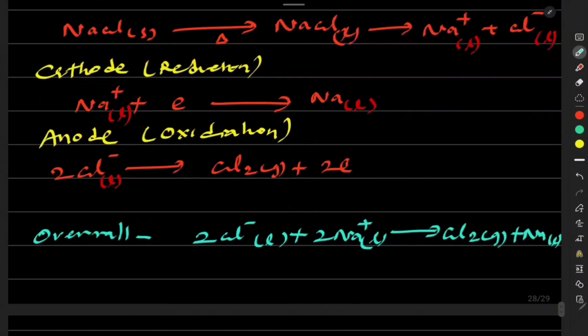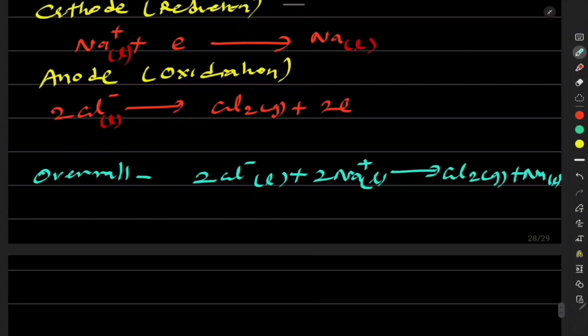Industrially, sodium metal is extracted by electrolyzing molten sodium chloride. The industrial setup is known as Downs cell.